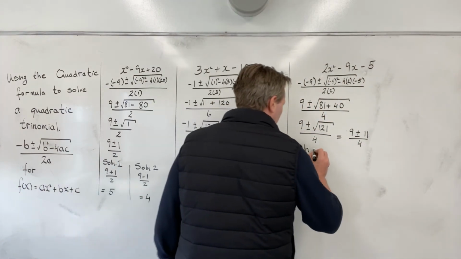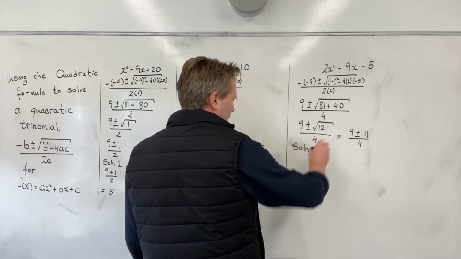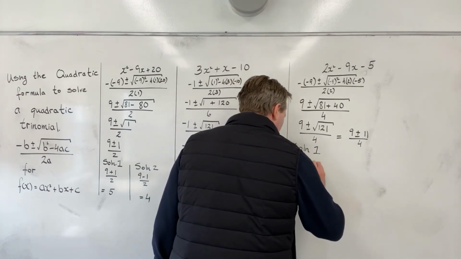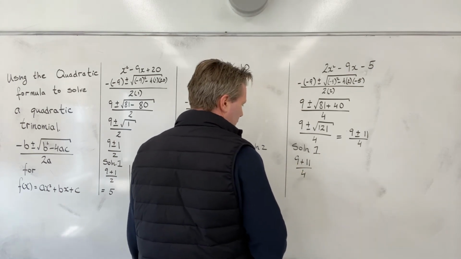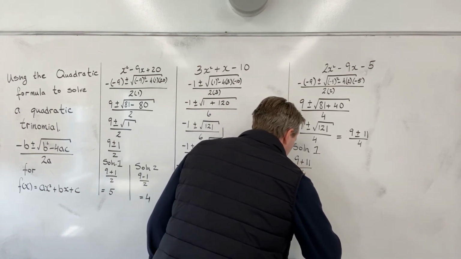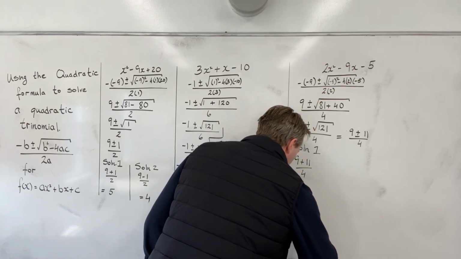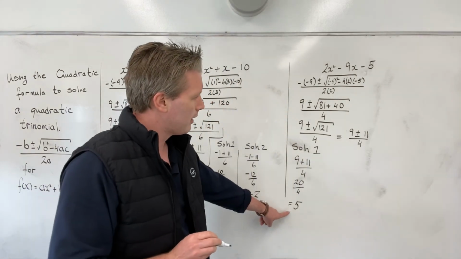And so, solution 1 is 9 plus 11 over 4. 9 plus 11 is 20 divided by 4, and that is 5. So my first answer is 5.